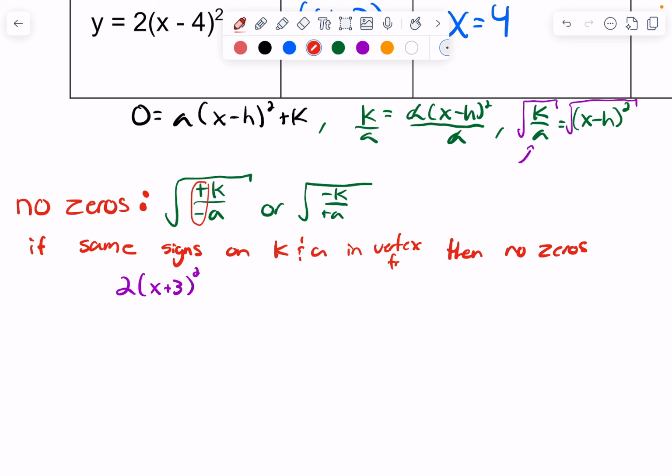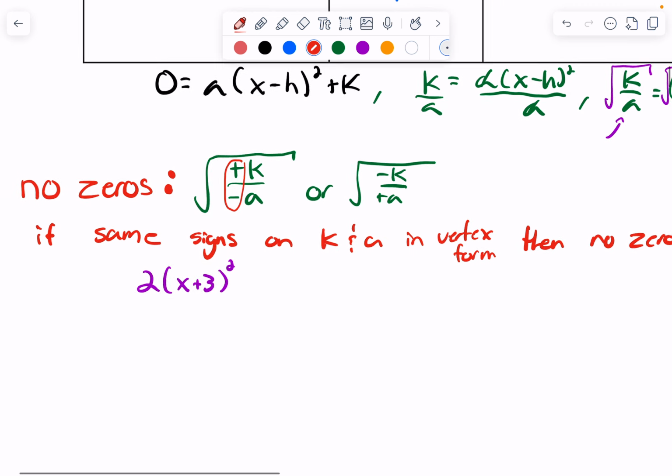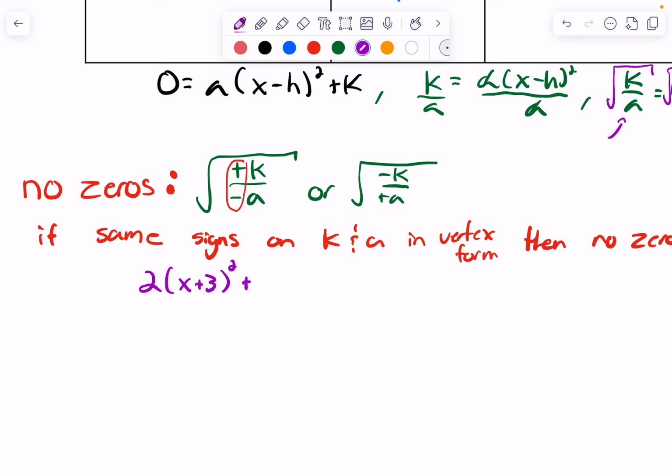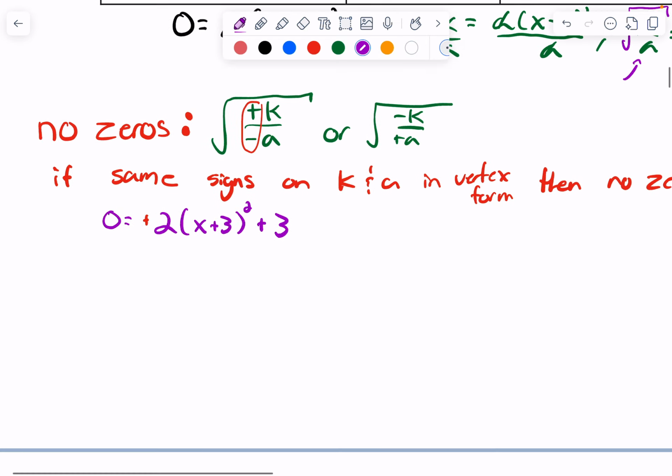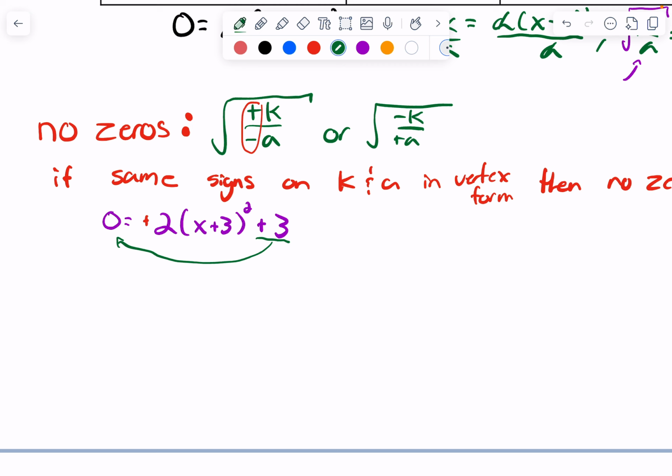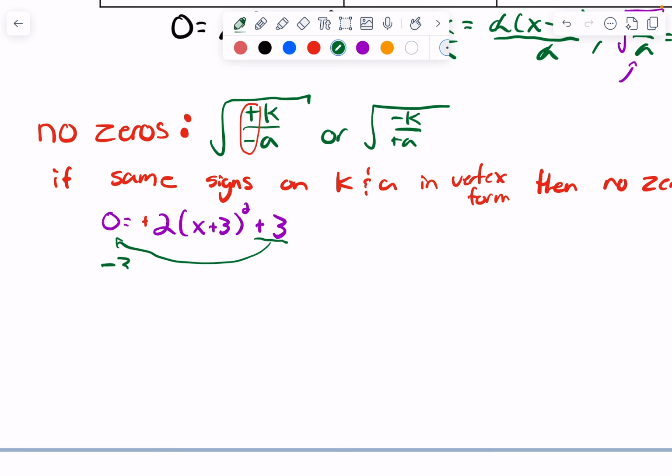And why did I correct myself? Because notice that when you set this to 0, if I bring this plus 3 over here, notice how they're the same sign. So this is a positive, and this is a positive here. But when you set this equal to 0, this value right here, when you bring it over to the other side, will become minus 3.